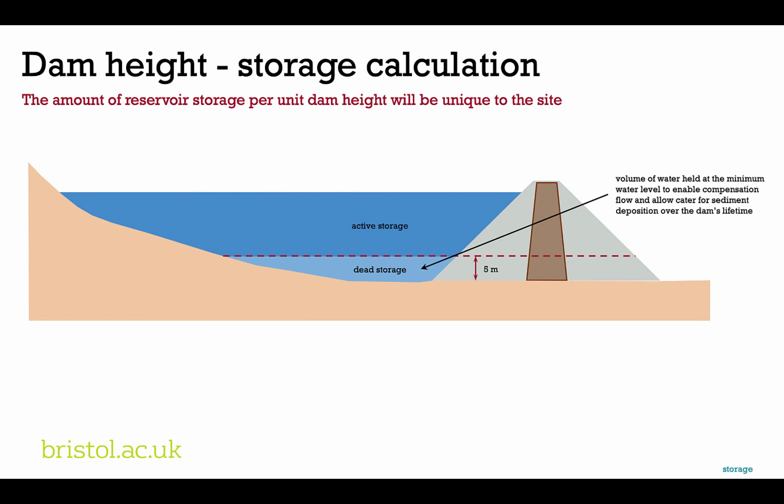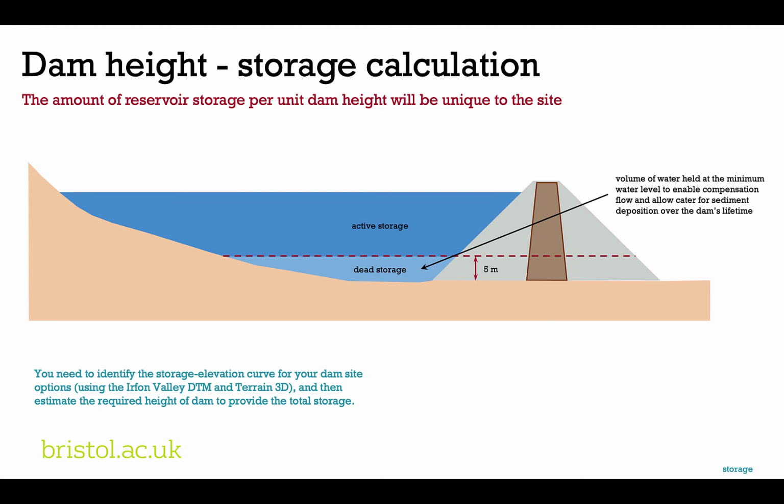Okay, so how do you go about determining the height of the dam in order to provide your active storage and this dead storage? Well, what you need to do is to identify something called the storage elevation curve for your individual dam site options. And you do this using the Earthon Valley Digital Terrain Model, the DTM, and Terrain 3D. Now I've provided these for you on Blackboard.